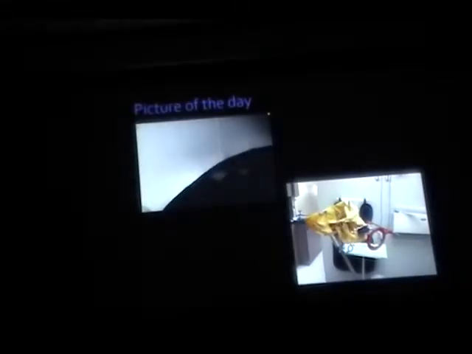Okay, so now here, what has happened with that particular image? What is the main problem? We talked about image quality analysis, right?